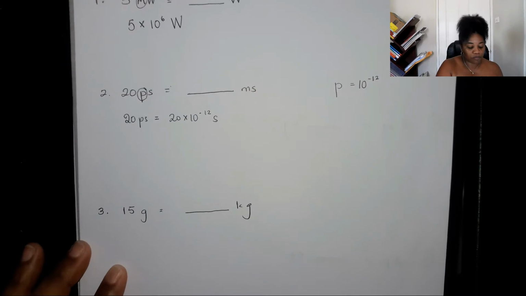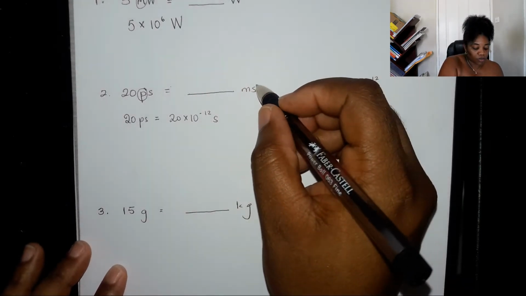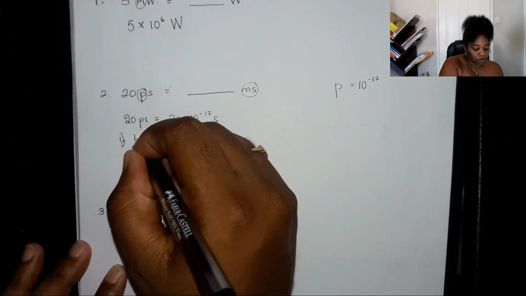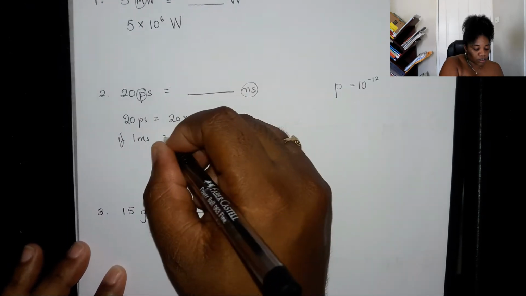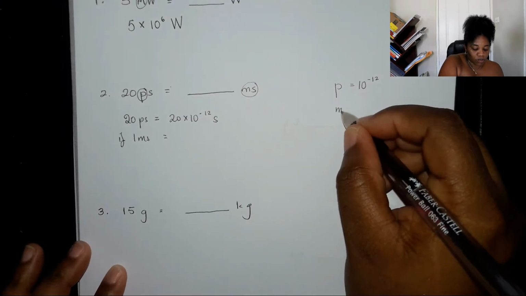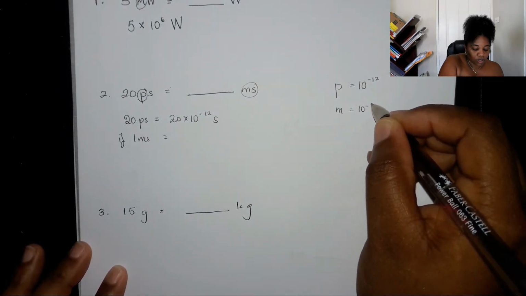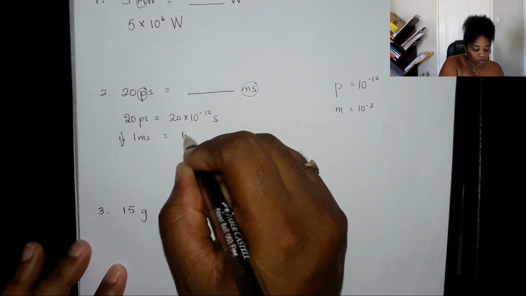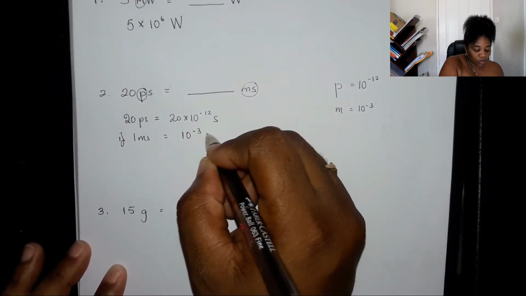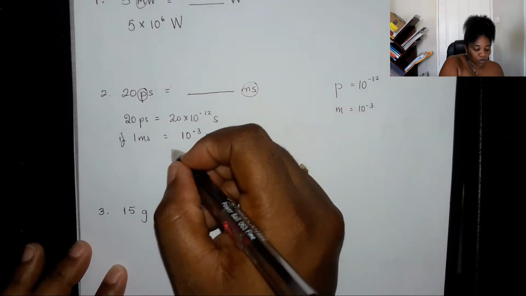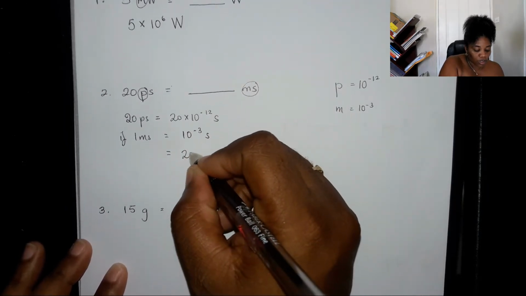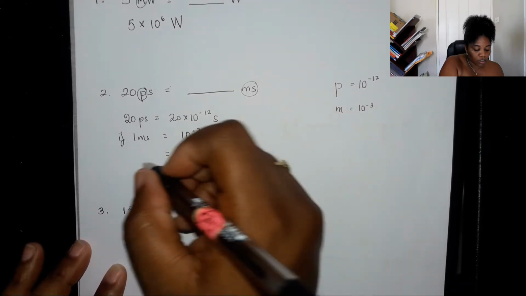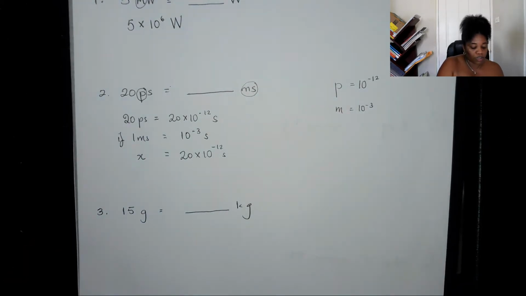Do you see that? And now we want to find out what a millisecond is. Remember, a milli is equal to 10 to the negative 3. So if 1 millisecond is equal to 10 to the negative 3 seconds, we could equate them and say that 20 times 10 to the negative 12 seconds falls under here, and we could find x.